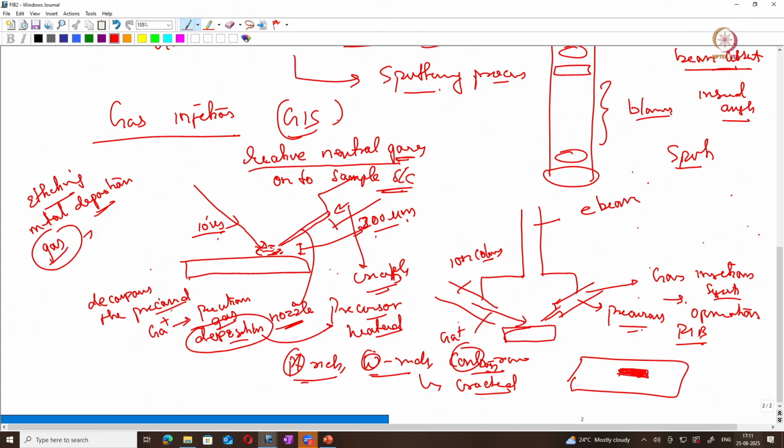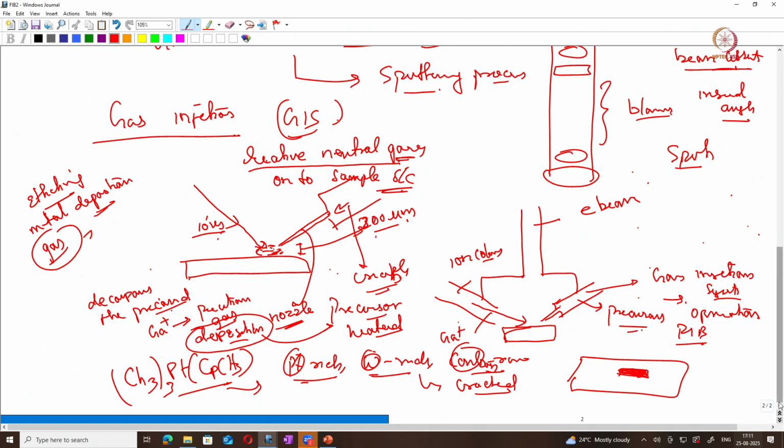And these gaseous precursors are chemical compounds, for example platinum CpCH3. This precursor gets cracked by the interaction of the ion beam, and whatever metal you want to deposit on the sample surface gets deposited. So this is the role of the gas injection system.